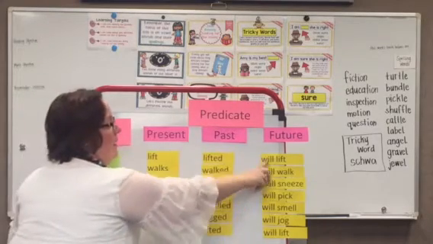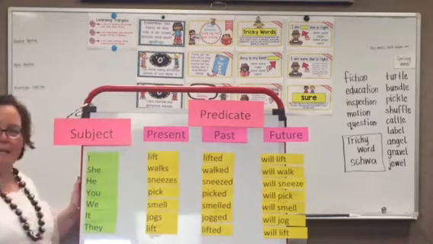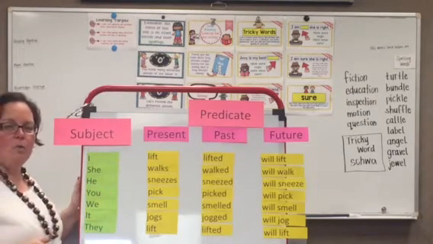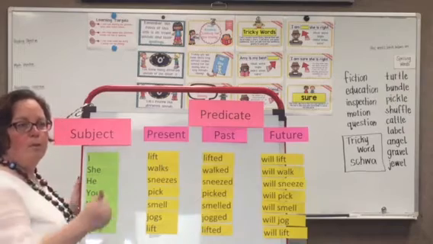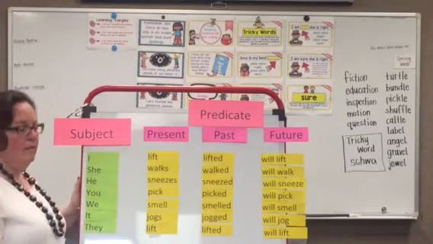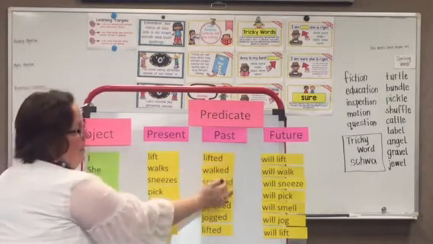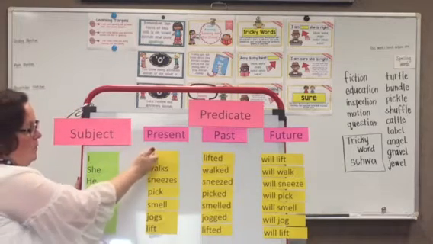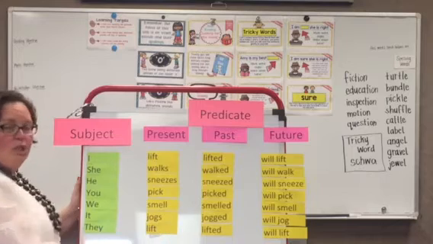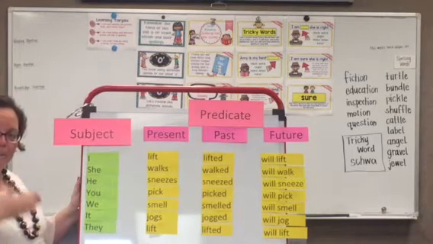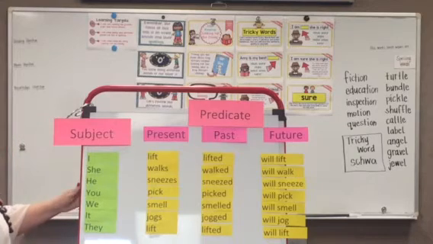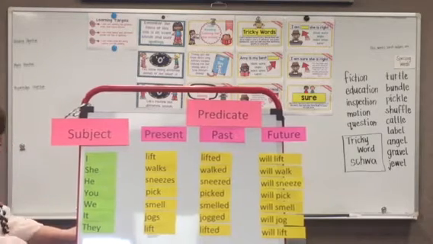The will on that makes it something you're going to go do in the future, something you will do tomorrow or something you will do the next day. Okay? The ED on these all shows past tense. And the word by itself shows that it's happening right now. Okay? So those are our subject and predicate.